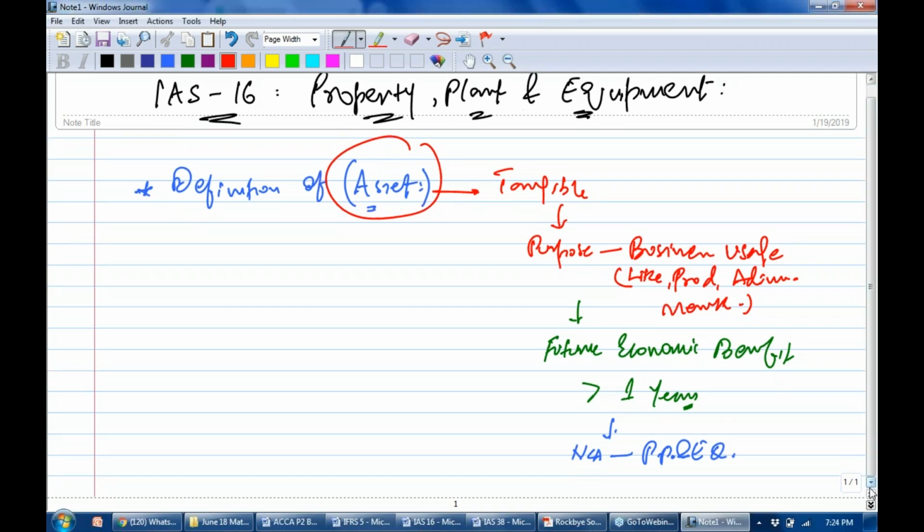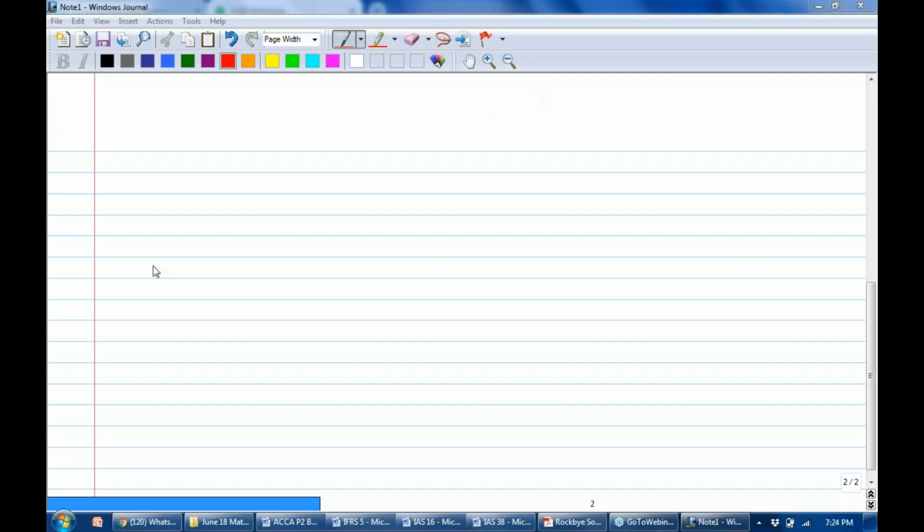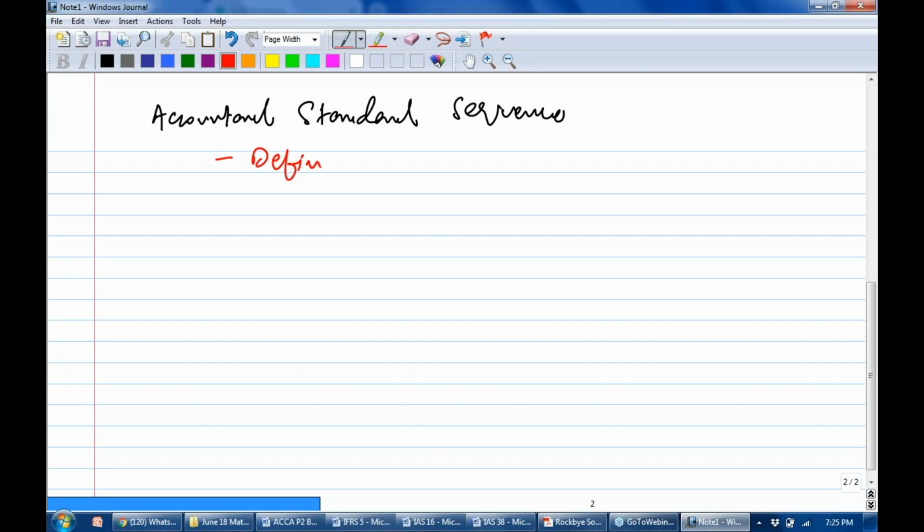Candidate, a very important thing you have to consider: whenever you study any accounting standard, normally the accounting standard sequence is like this. Number one, definition, for any accounting standard, whether property, plant and equipment, intangible assets and so on.